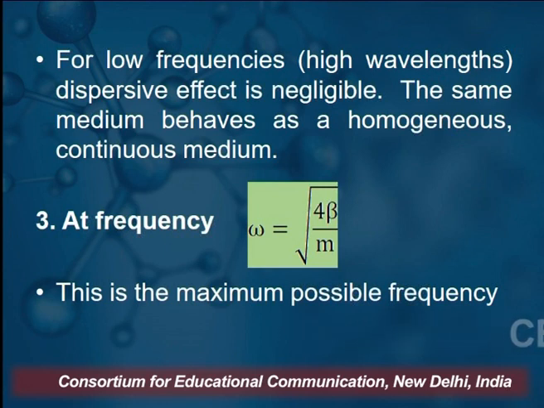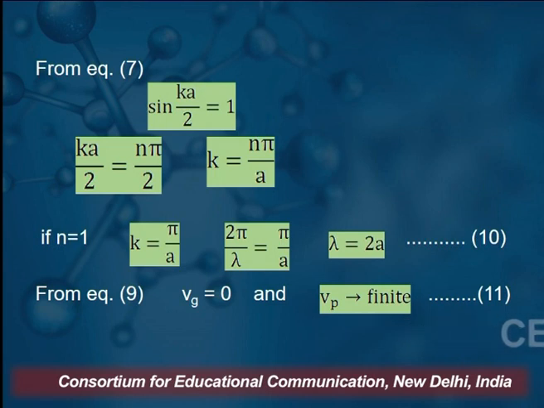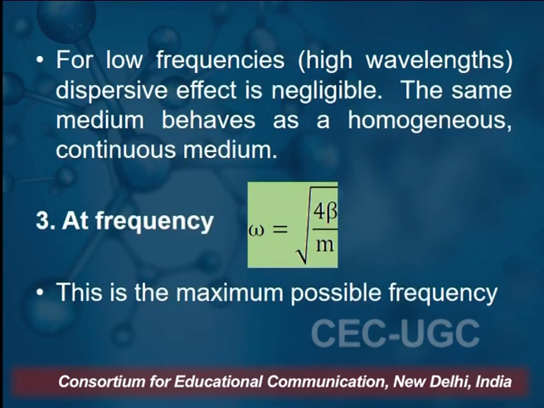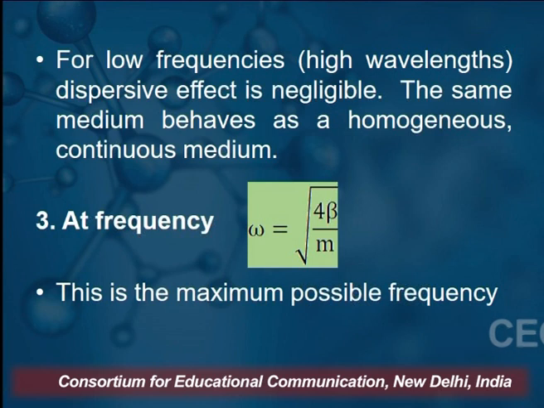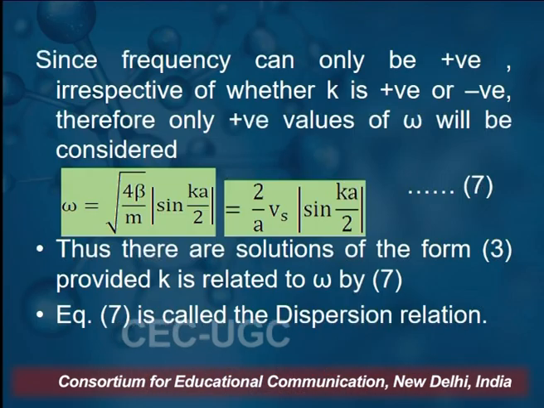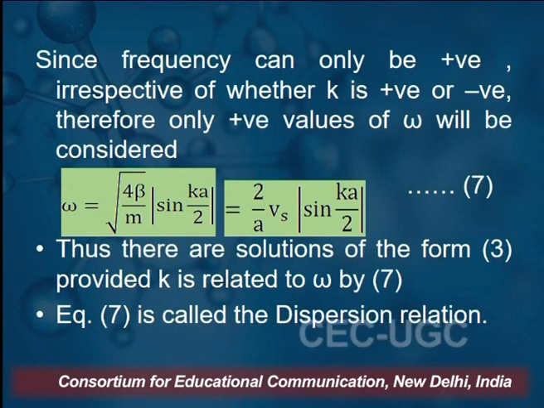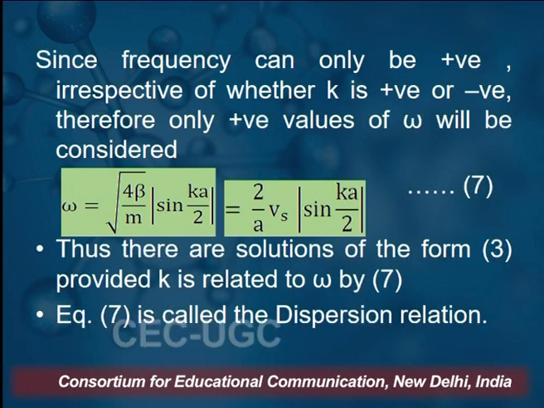Now, let us consider the case when omega becomes equal to under root of 4 beta by m. This is the maximum possible frequency. If we go back to my equation number 7, then omega can become equal to under root of 4 beta by m only when mod of sine Ka by 2 becomes equal to 1.